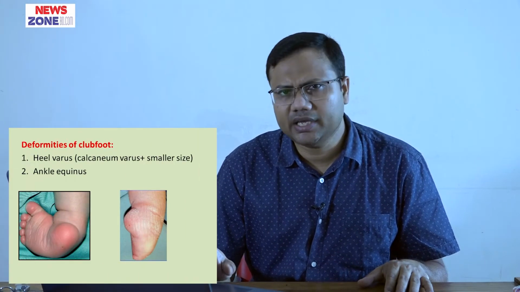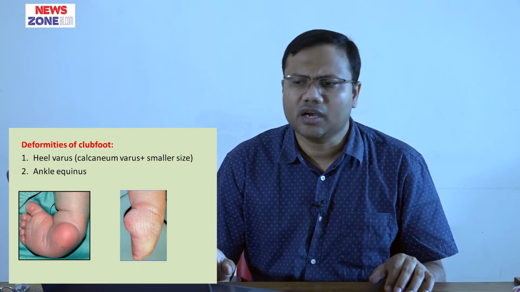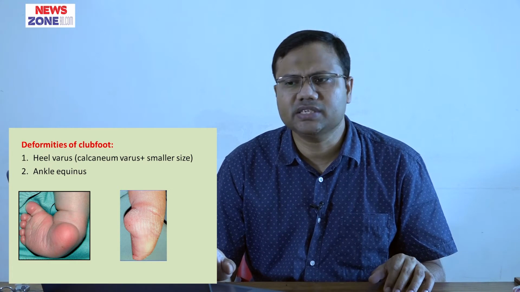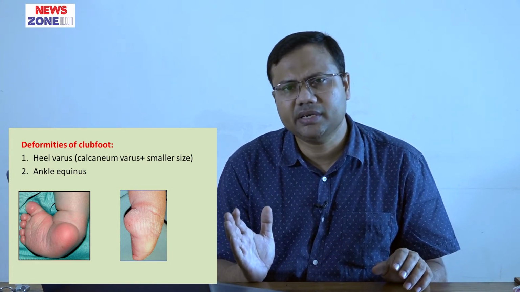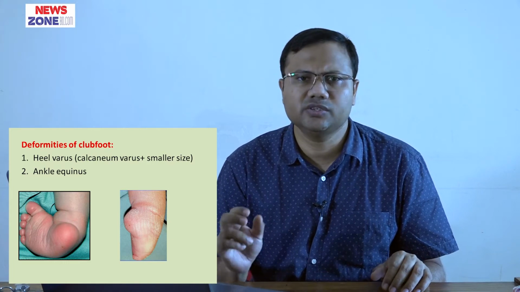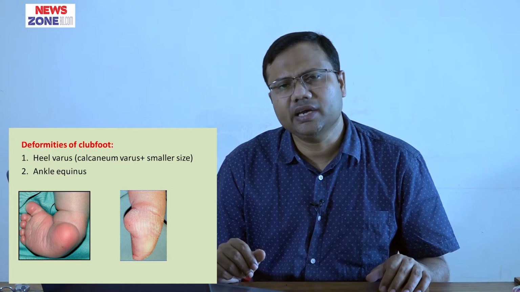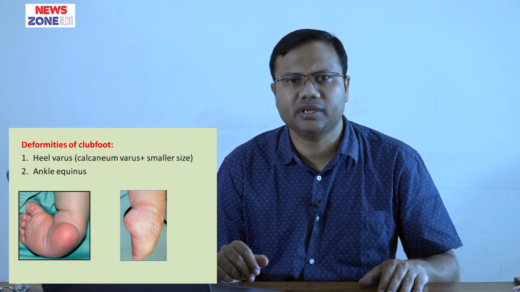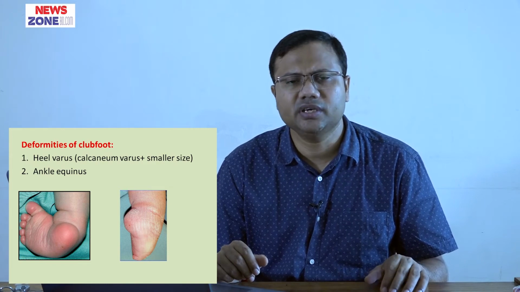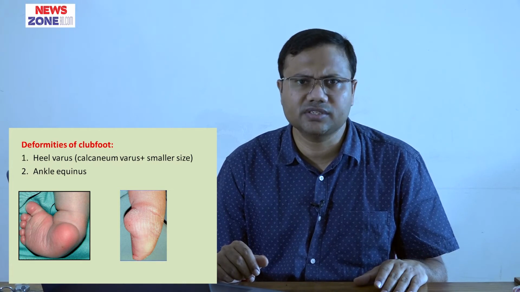Now the real picture here shows the deformities of the clubfoot. First of all, there is the heel varus, that is, the calcaneum is deviated medially, and it will be small in size. Second, the ankle will be equinus. Normally the ankle remains plantigrade, but in equinus deformity the ankle will be plantar flexed.